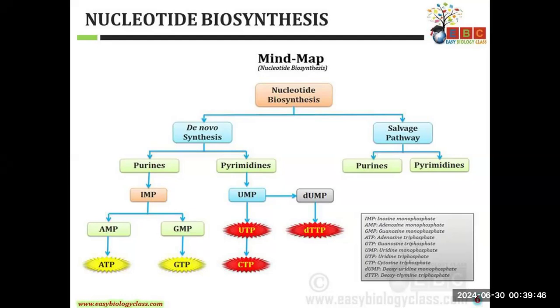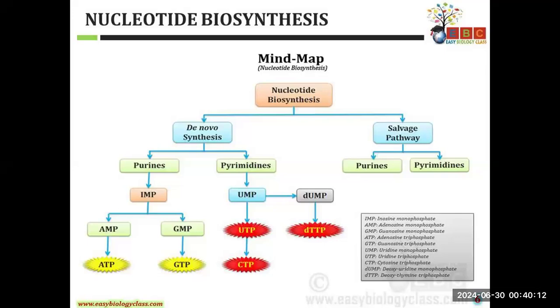The second pathway is the salvage pathway. As you know, the salvage means the recycling of the molecules. So, salvage pathway means already synthesized pyrimidines or purines or their nucleosides then can be converted into nucleotides.